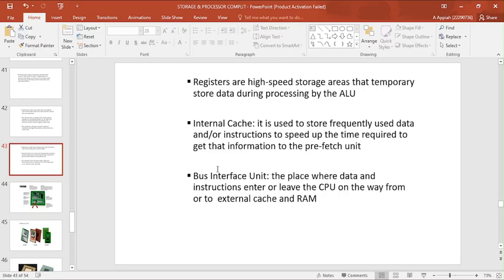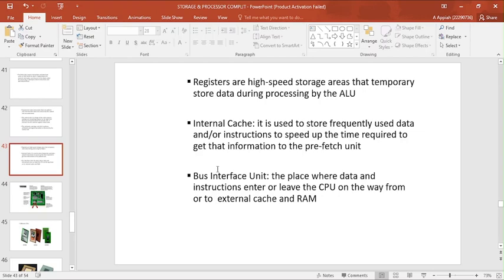Internal cache. It is used to store frequently used data or instructions to speed up the time required to get that information to the prefetch unit.